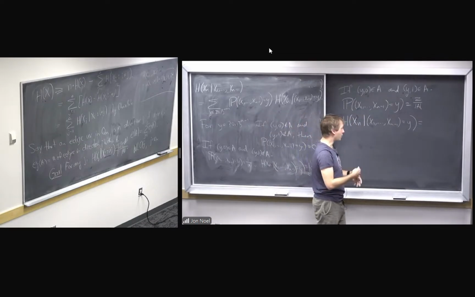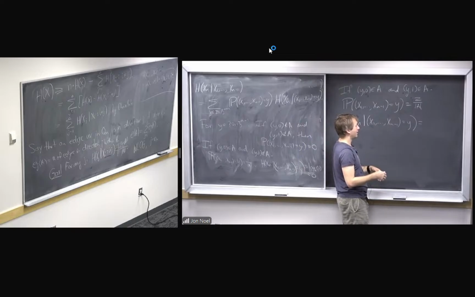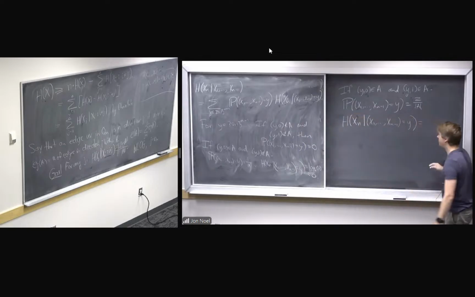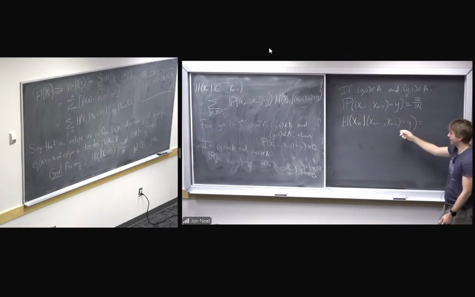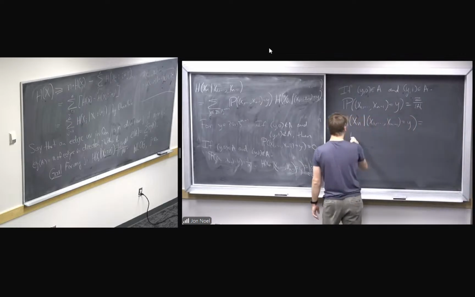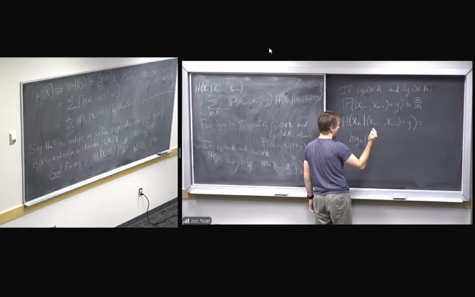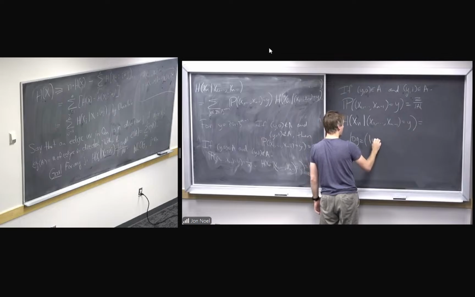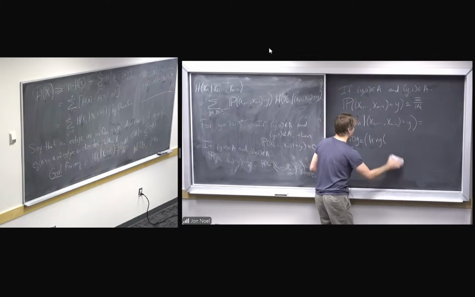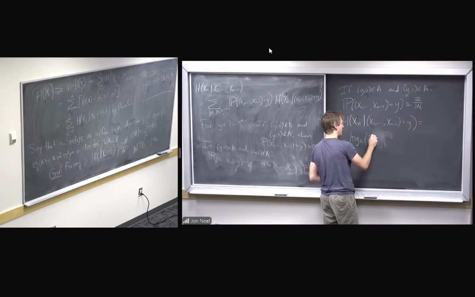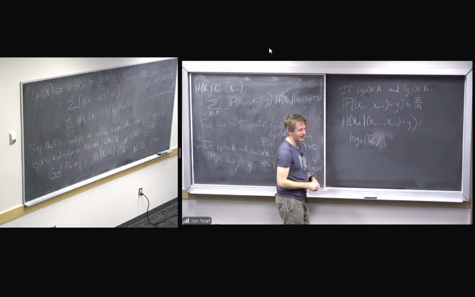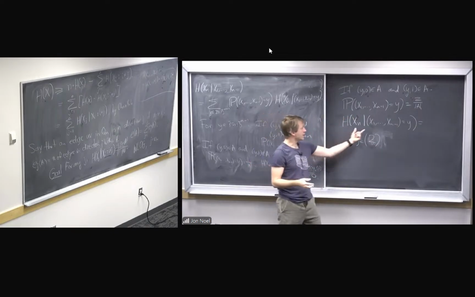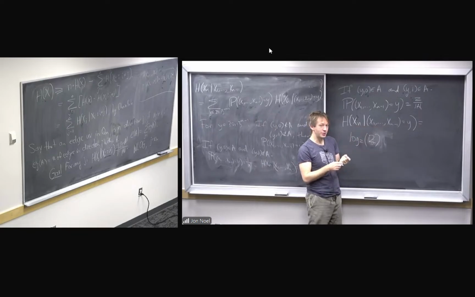A way to say that more generally, maybe I'll write this out in 2 steps. It's log base 2 of 2, right? You've got 2 choices that are equally likely. Once I know this, the range of this thing is exactly 2. They're both equally likely.